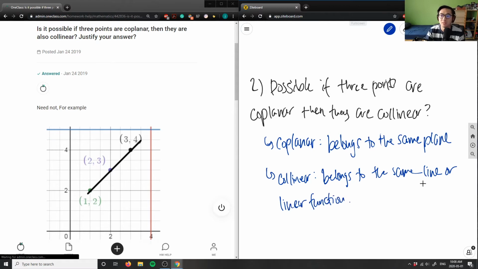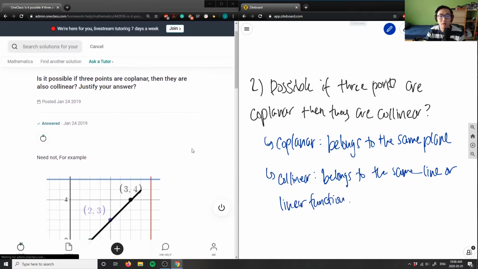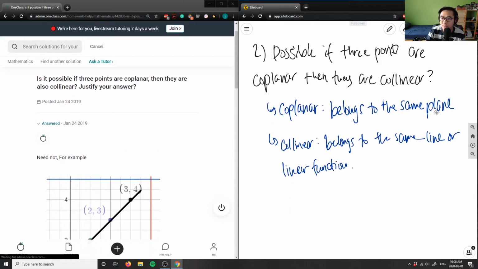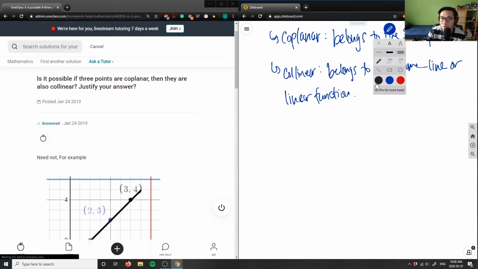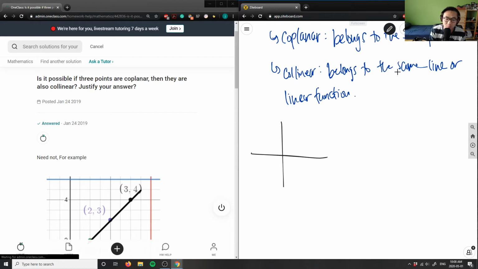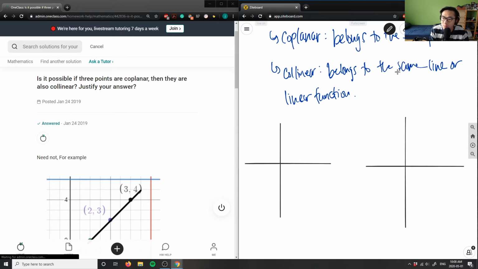Okay, so it says describe if 2 points are coplanar, then they are also collinear. So let's draw an example here, and I'll draw 2 examples. Use the line tool just to make it a little bit easier. So I'm gonna have one line here first.